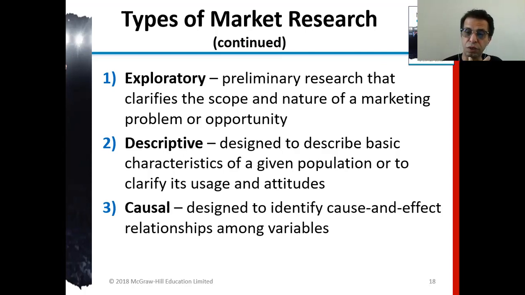So what kind of population is using travel vacations? Is it people over 70 years old, something like a couple over that? That's descriptive. And then the causal is designed to identify cause and effect relationships among the variables. So in the descriptive, we say couples over 60 or 70 years buy tickets for holidays, vacations.